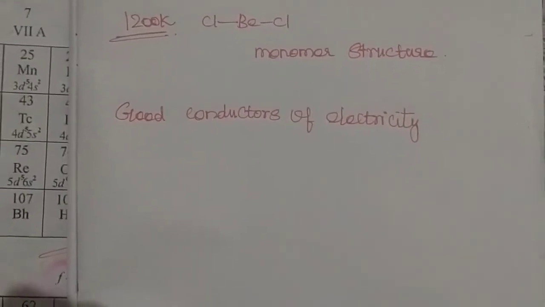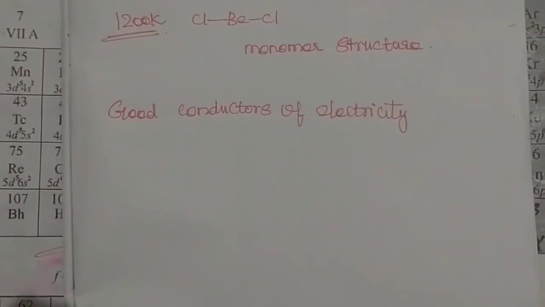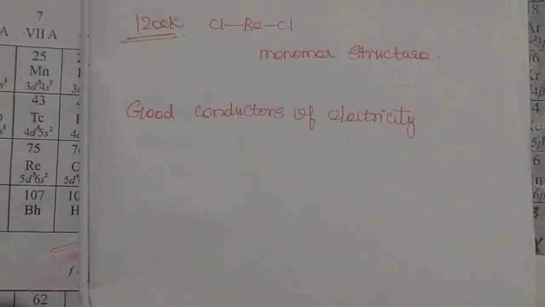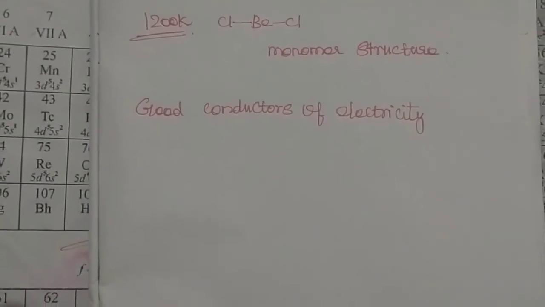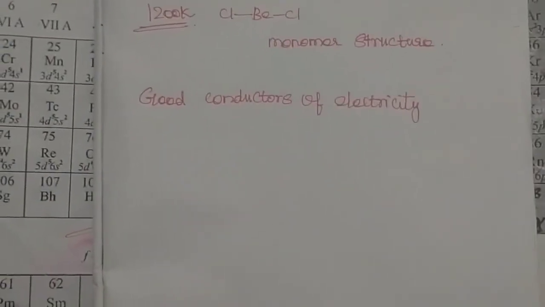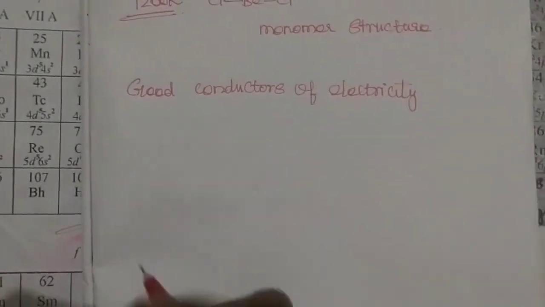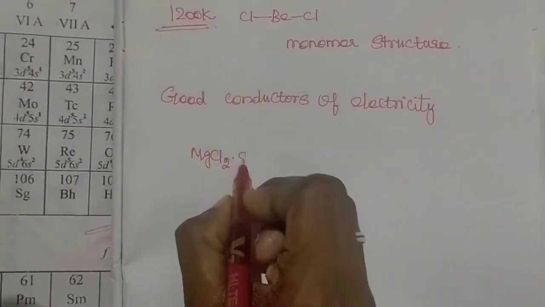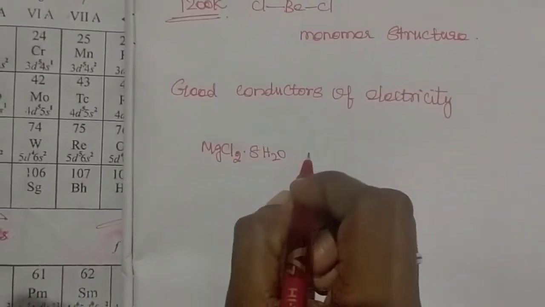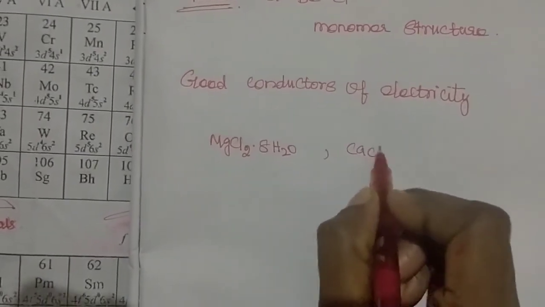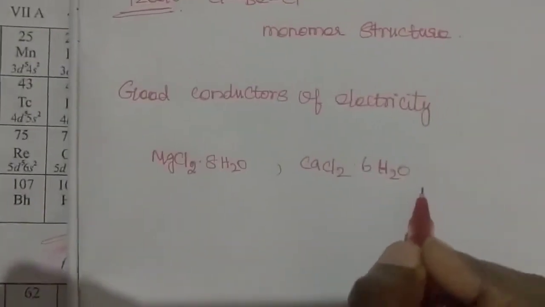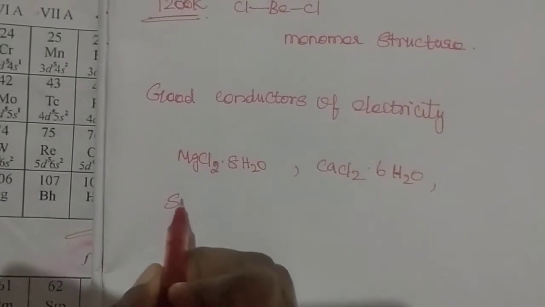They also have some tendency to form halide hydrates. Gradually it decreases. For example, the hydrate formation decreases down the alkaline earth metals, associated with water molecules. For example, magnesium chloride with 8 water molecules, and calcium chloride is formed only in association with 6 water molecules.